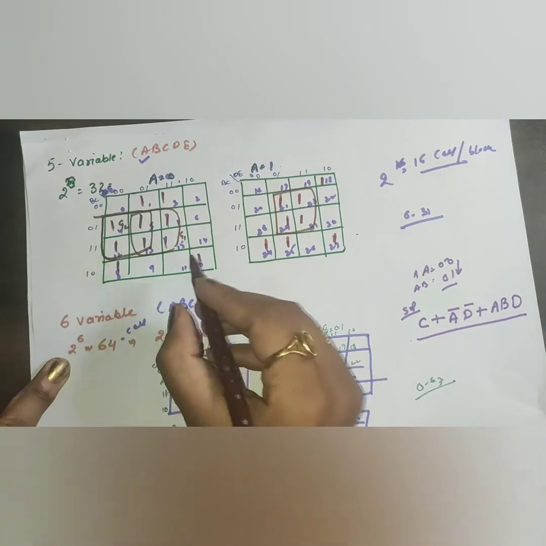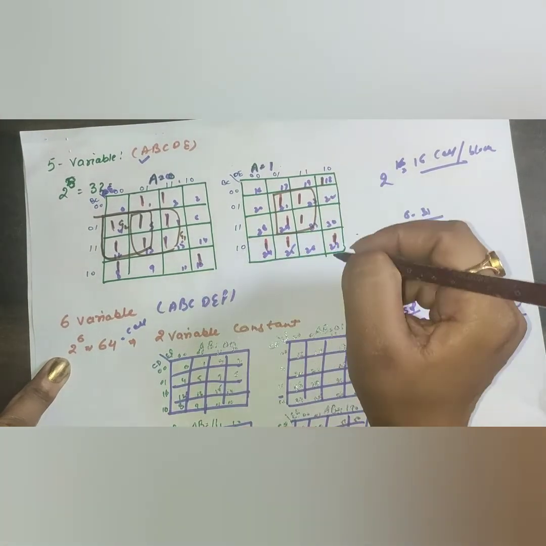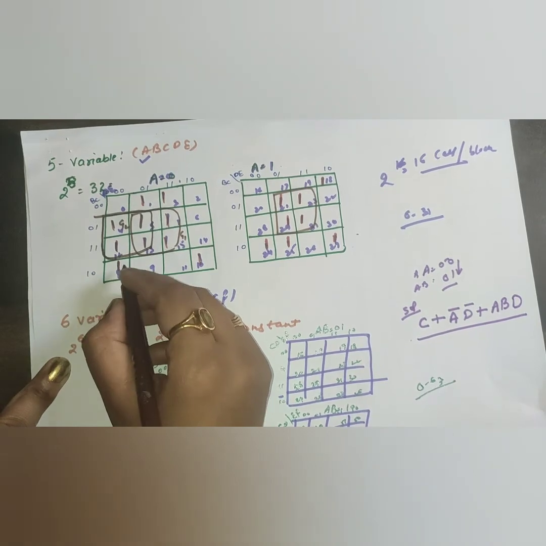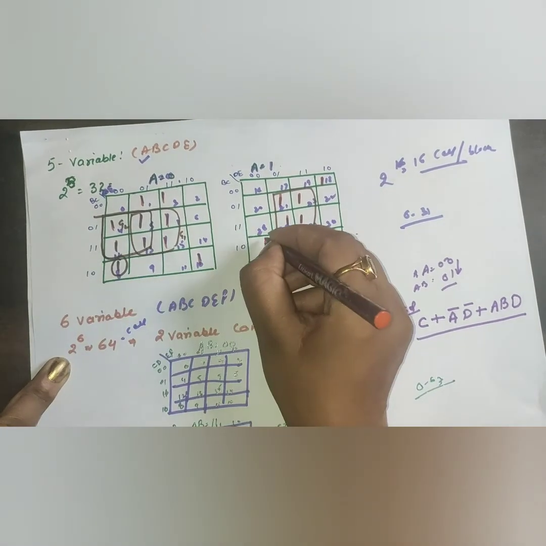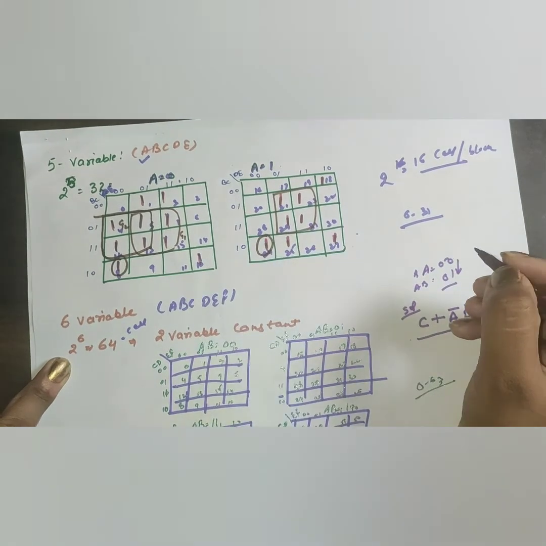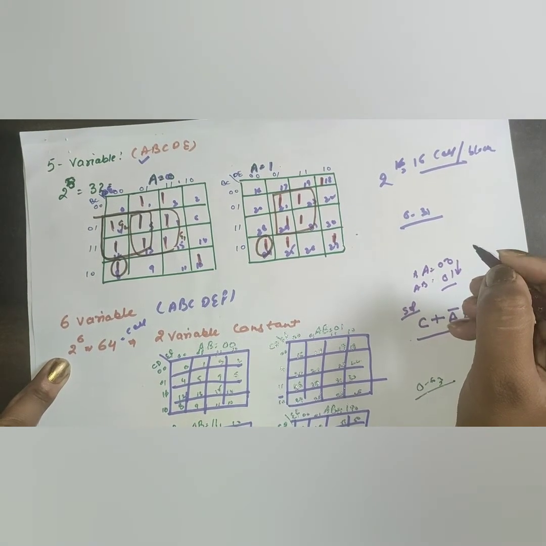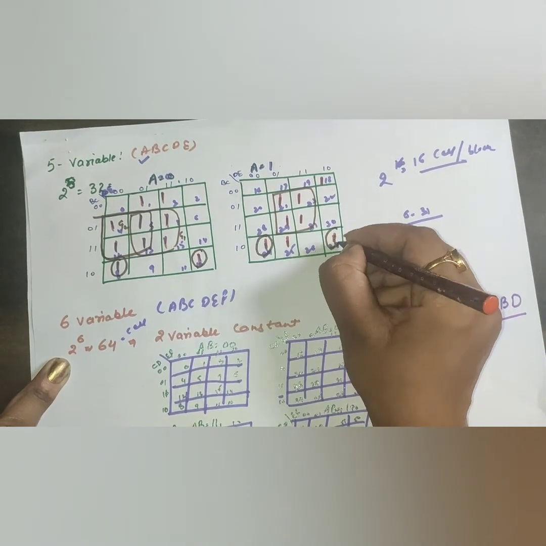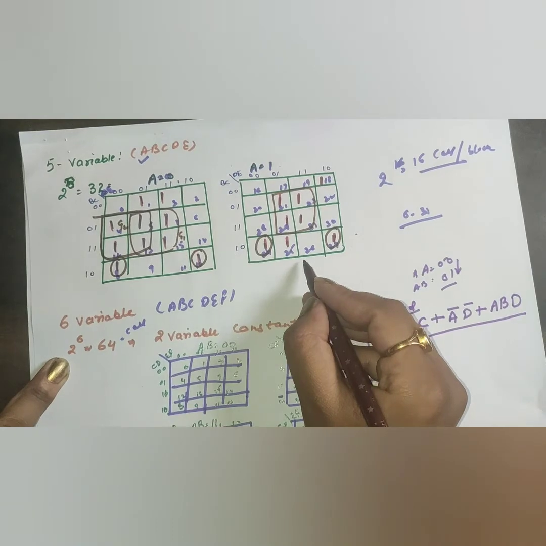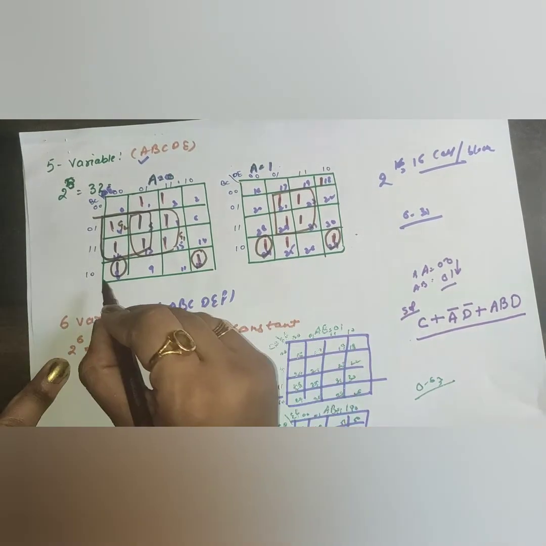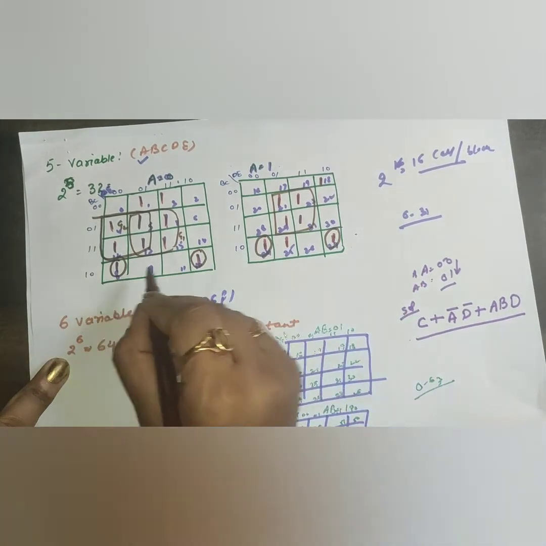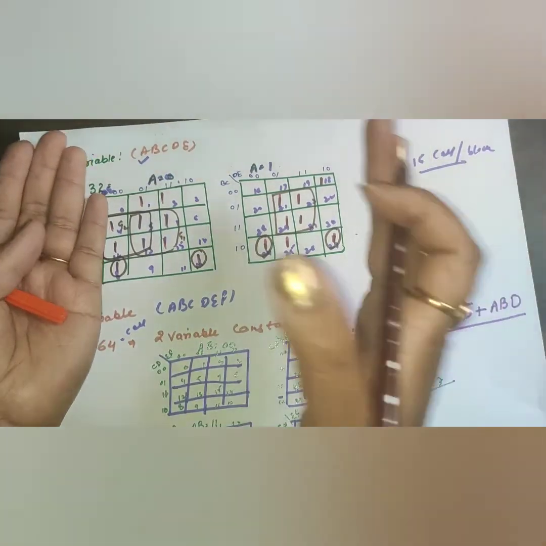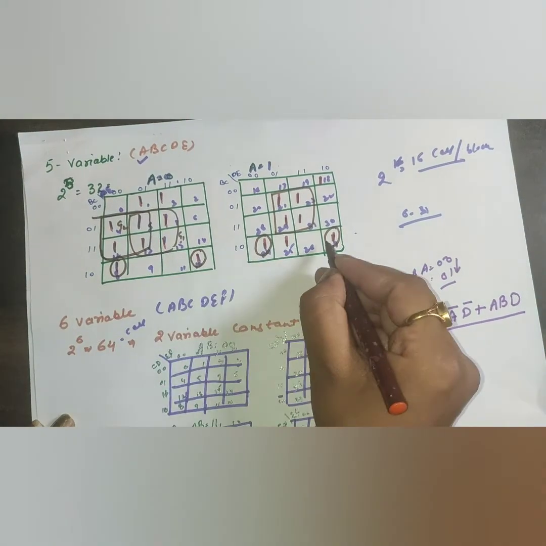Now 1 1 1 1. So this one will make a group with this one, or you can also make a group of this and this 4. You will give the preference of 4 rather than 2. So you can make the group of ones of 4, because if you imagine that this K-map is like this, you can make this 1 1 1 group.